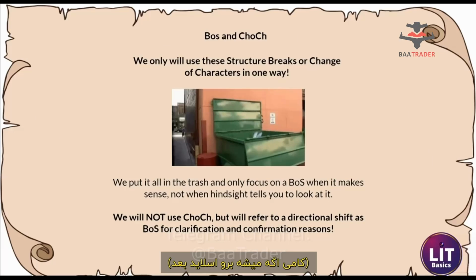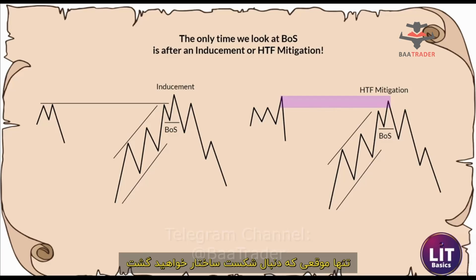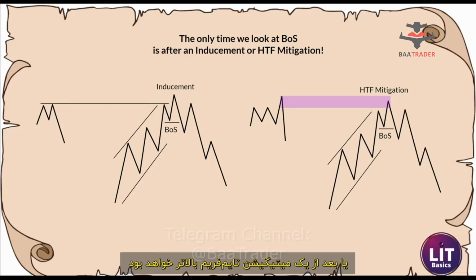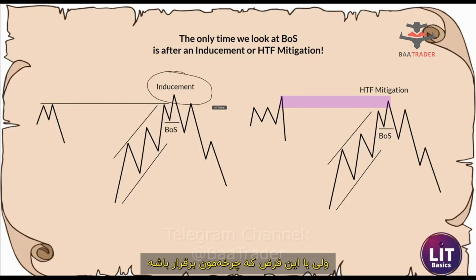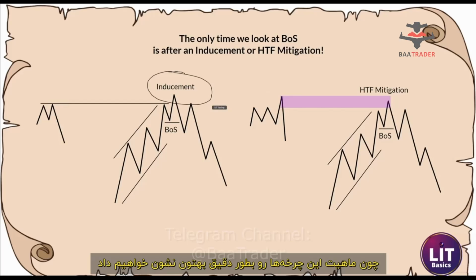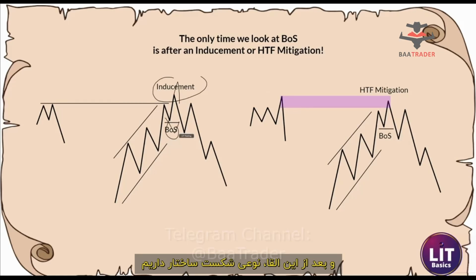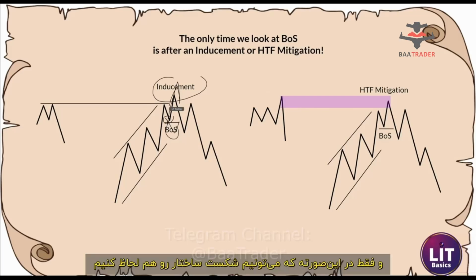If you want to go to the next slide, Cam: the only time you look for a break of structure will be after either an inducement or a higher time frame mitigation. So let's say our cycle plays in line. Of course, we will show you exactly what these cycles will be. If you have an inducement, after the inducement we have some sort of break of structure. The push led to the high. Then, and only then, we can get something out of a break of structure.